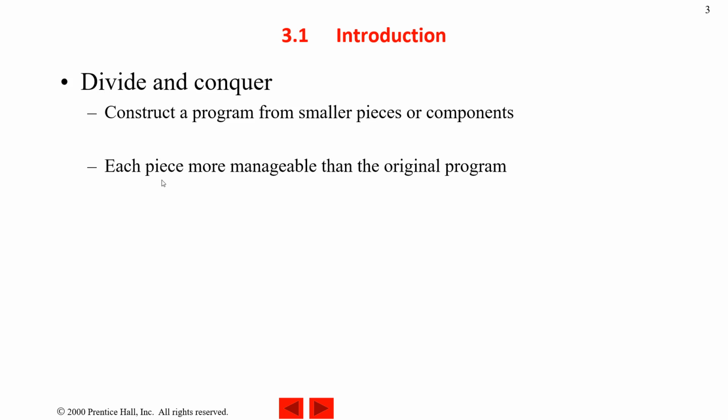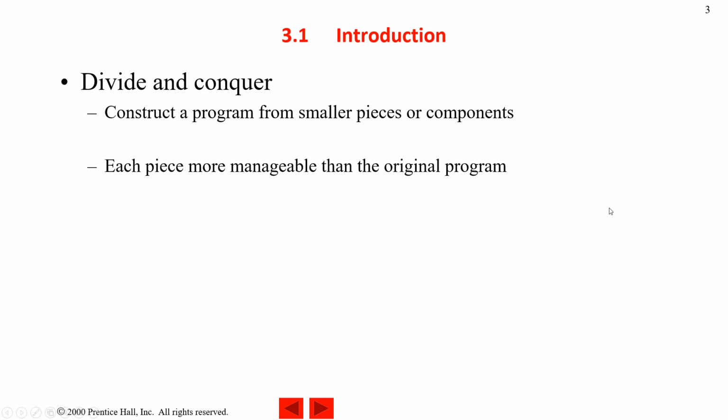The divide and conquer strategy means that if you have a complex problem, you divide it into sub-problems, solve the sub-problems, and recombine so that you can solve the original problem. The advantage is that when you divide it into sub-problems, they are easier to solve, and then you can use those solutions to reconstruct the solution to the original problem.